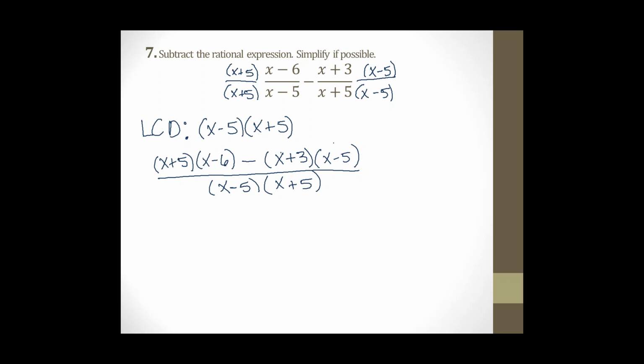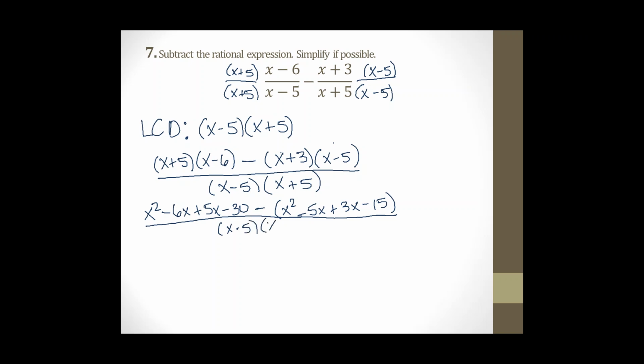So for the first binomial times binomial, it's going to be x squared first, outer, minus 6x inner, plus 5x, and last, minus 30. Minus, let's do the second pair of binomials, x squared minus 5x plus 3x minus 15. And all of that is over that same denominator.